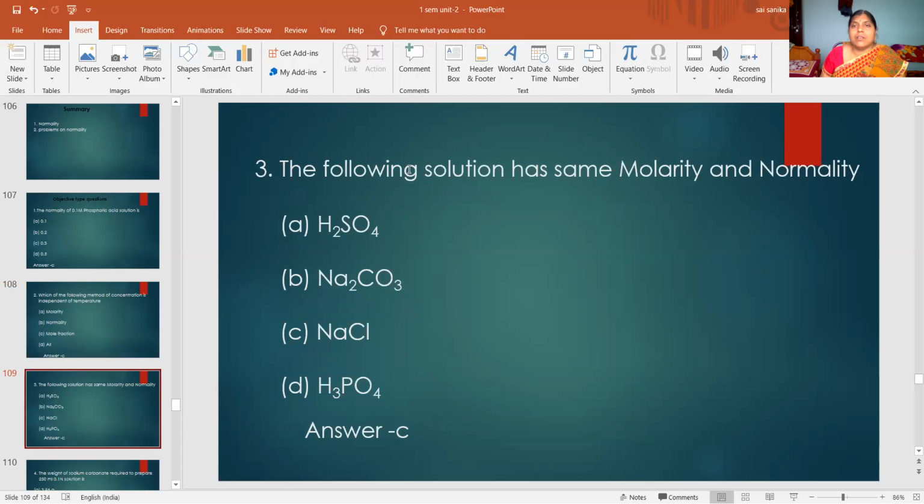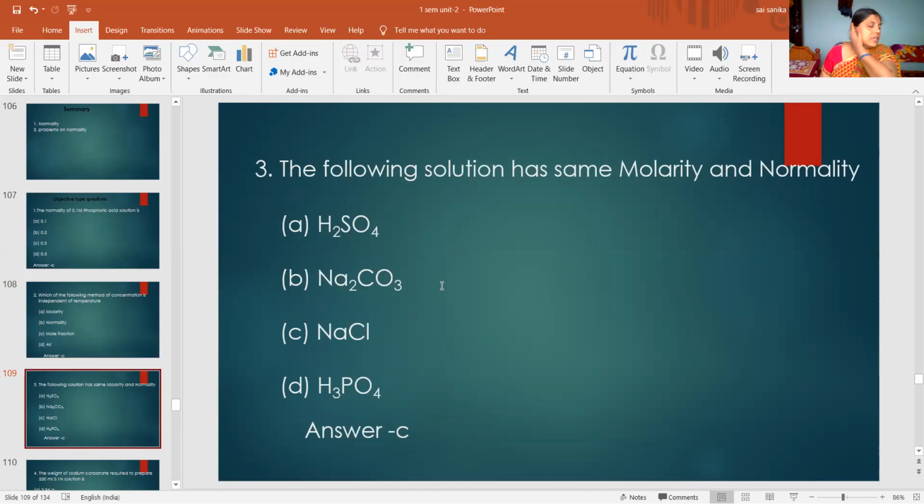Then, which of the following solutions has the same molarity and normality? When will molarity and normality be the same? If it is an acid, its basicity is 1. If it is a base, its acidity is 1.